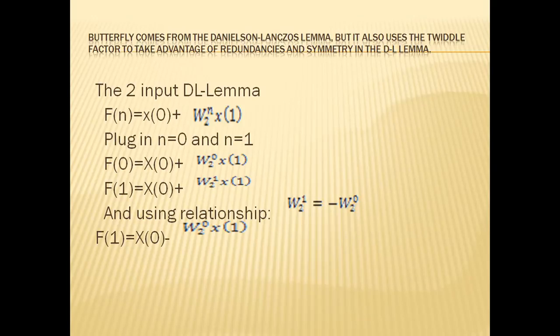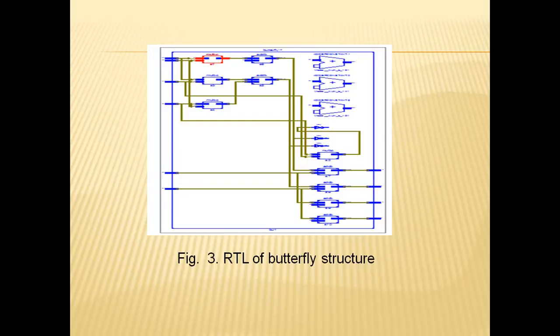So this is how it works, and we are calculating it by equations. When I implemented that butterfly structure, this is the basic RTL view of that particular butterfly structure that I have mentioned there.